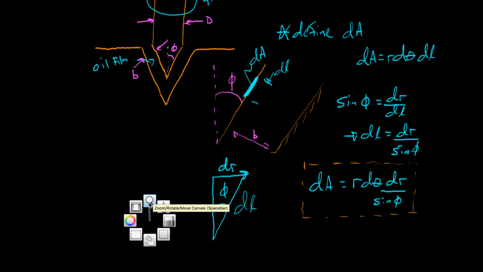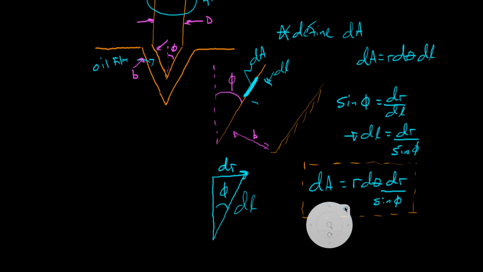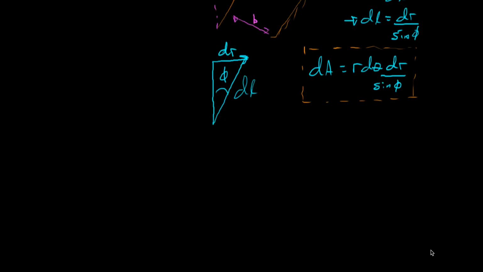Okay, let's keep going here. The next thing we want to think about is the torque. We said that a differential torque is equal to R times the differential force, or R times the shear times the differential area. At this point, what do we know?